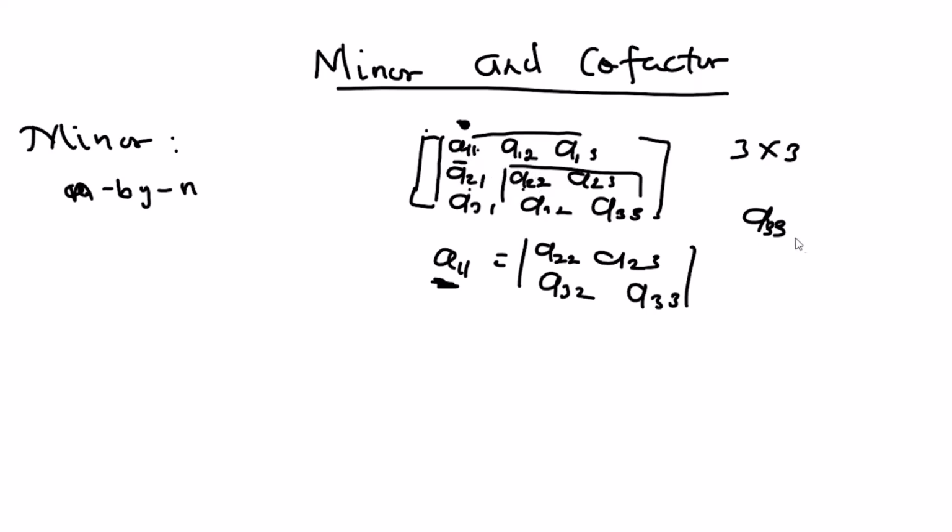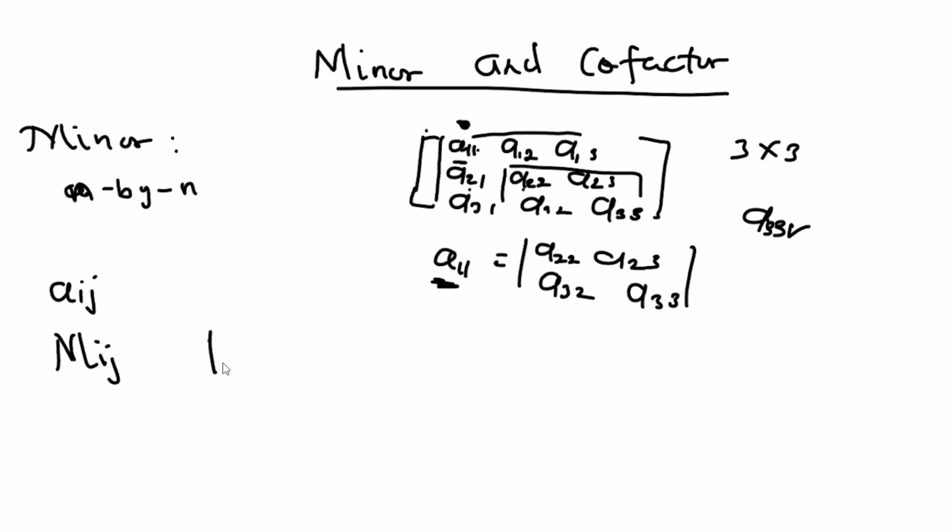That becomes the minor of this particular entry. Alright. The minor of an element, let's say Aij, just as I explained, is denoted as Mij.